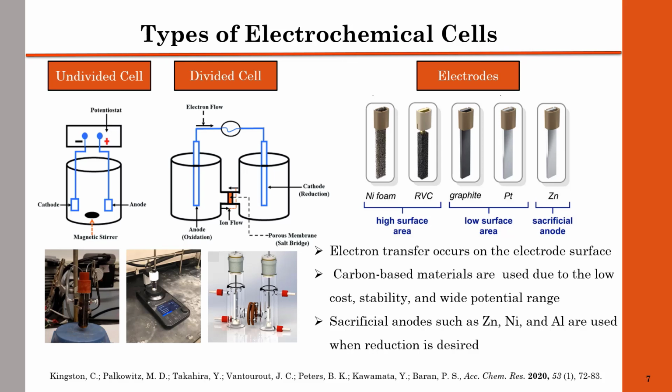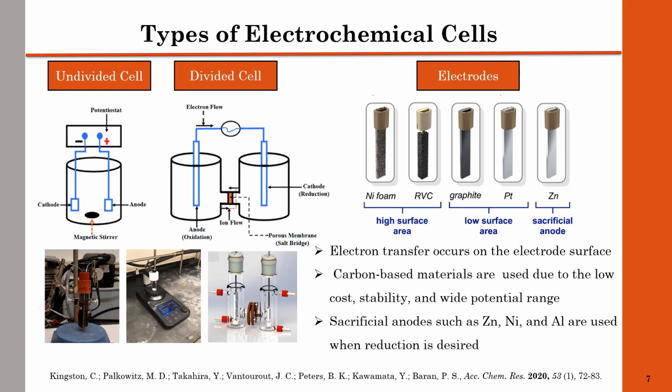But now new instruments have been introduced to perform electrochemical reactions. Using these kinds of instruments, we can monitor the reaction even at home. That is a wonderful development in this area.